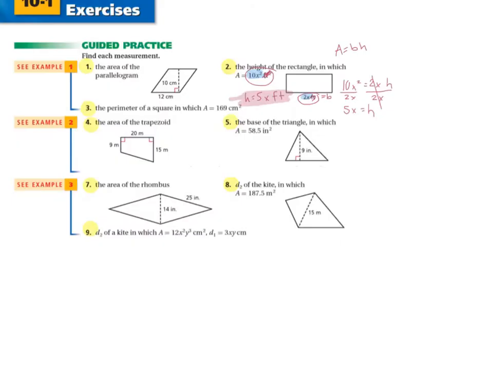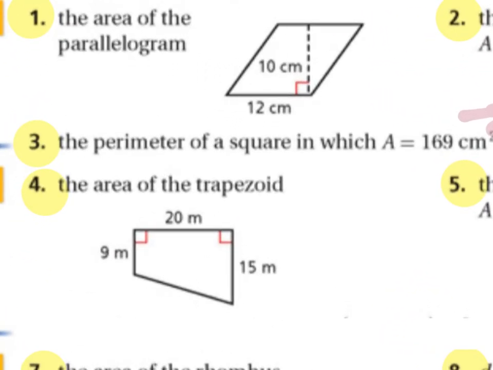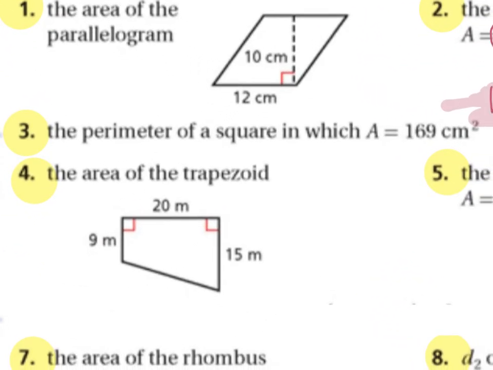Next, let's take a look at number 3. So the perimeter of a square in which the area is equal to 169 centimeters squared. So in order to find the perimeter, we need to know what the side lengths are. So the area of a square is equal to the side squared.